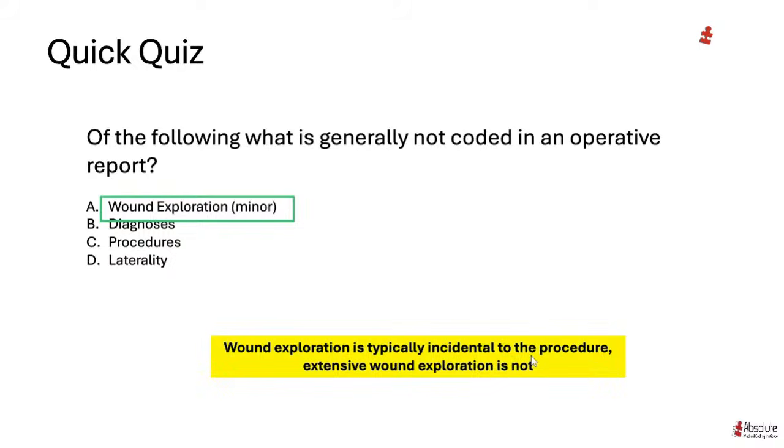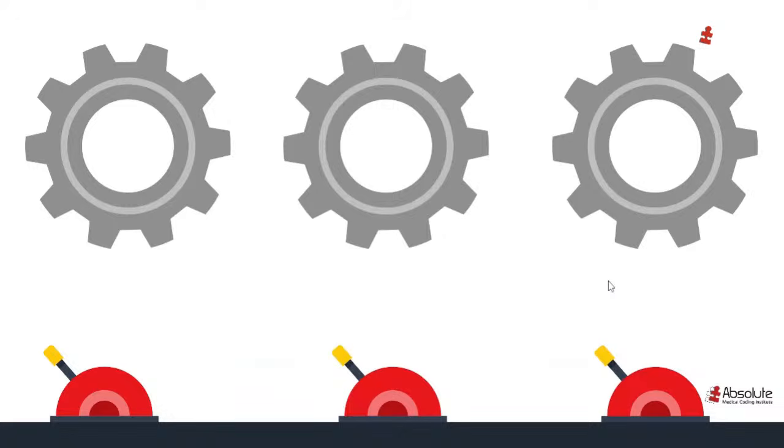Sometimes they have extensive wound exploration when patients have high impact injuries. Like, let's say a gunshot wound, a bow and arrow, or stabbing. Sometimes they have to go in and explore the organs around it to make sure that there are no problems.